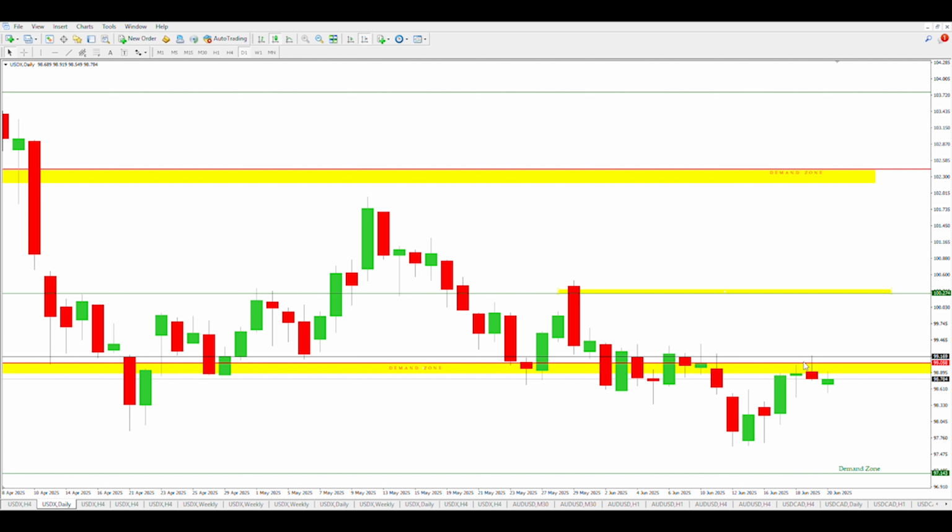So in this sense, we have two levels here. We have these pivot zones, which are going to be our entry levels. You can see the previous time on this daily candle, the pivot zone was used to push price back into the zone. The second time we have seen a retest around this level, price is being pushed back into the demand zone.